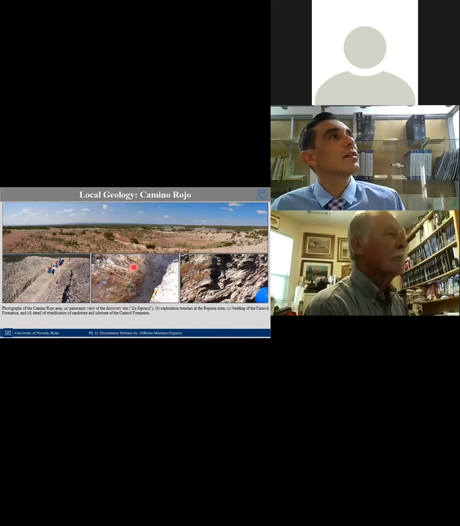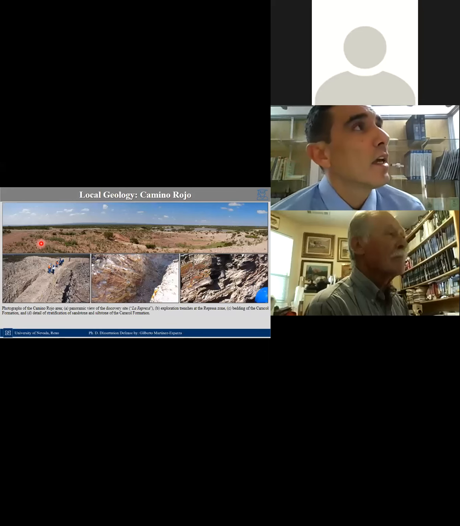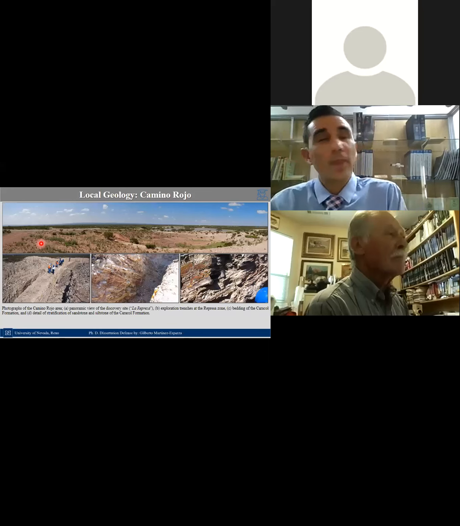So we can see here the panoramic photographs of the first discovery site, which is known as the Represa site, and also the geologists that discovered this deposit.